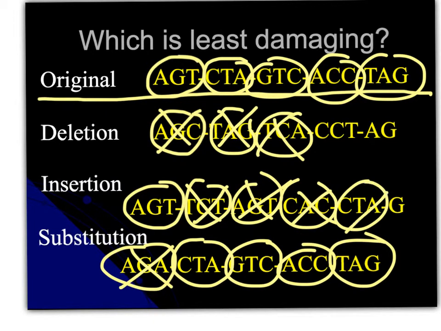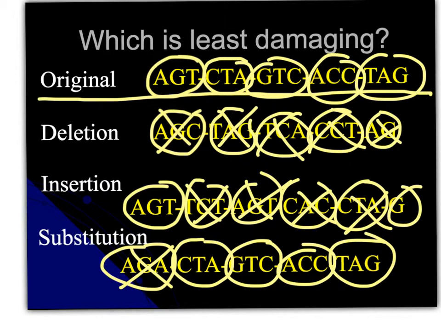These are all wrong. When you have a deletion or insertion, that can mess up all of your DNA from there on out. So in this case, substitution has only one triplet that's wrong. But these four stay intact. Whereas the others, deletion and insertion, you have a whole chain of triplets that are wrong.